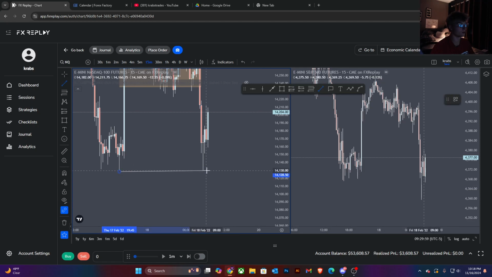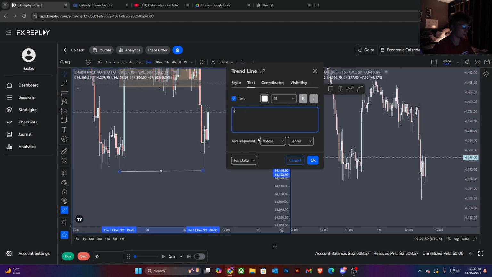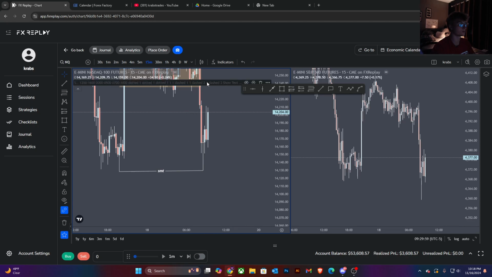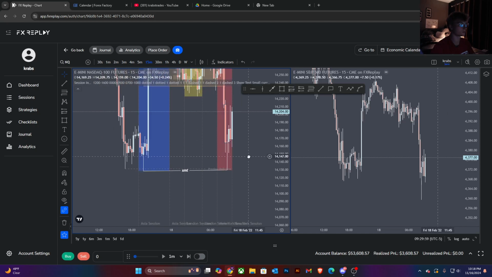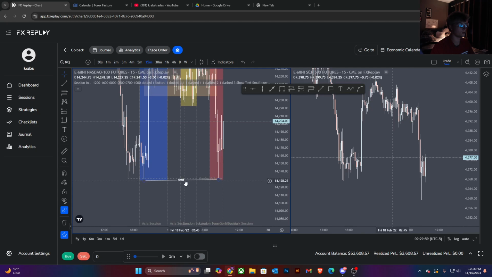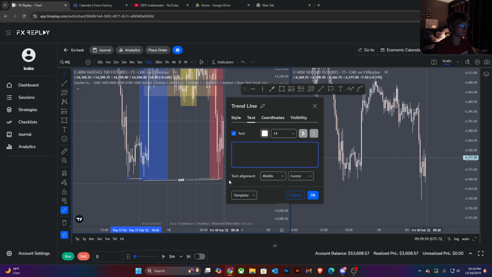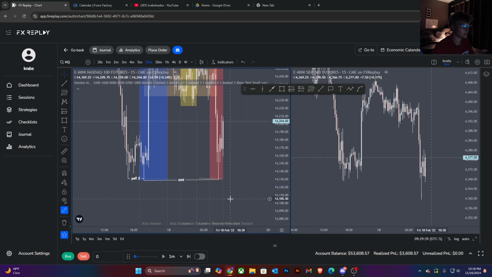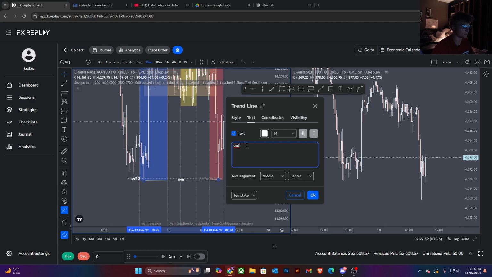SMT at these lows. Previous day's low. Previous day's low is already taken. SMT Asia low.